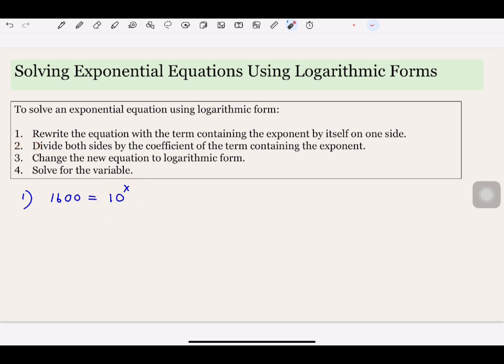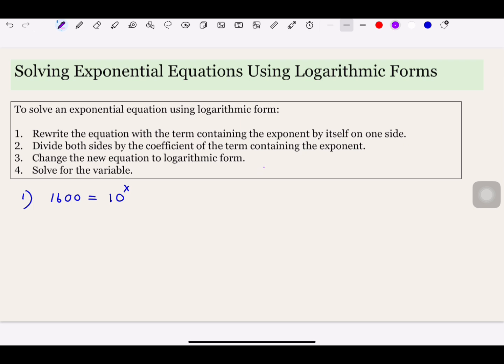Step number 3 says change the equation to logarithmic form. Here the base is 10, the exponent is x, and this is my output. First of all, let me write the relationship between exponential function and logarithmic function.